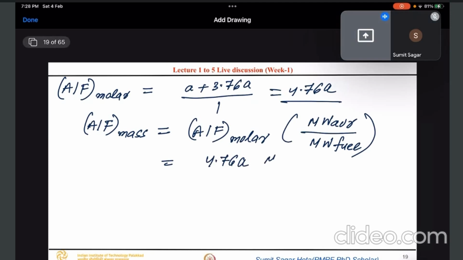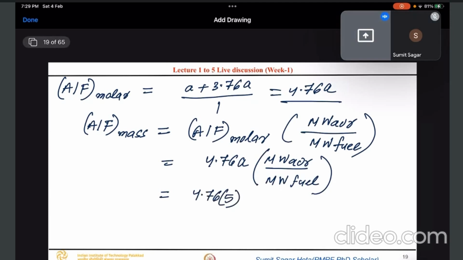I can write it down, and in the next line I will write down the values. What are the values? 4.76 into 5, since a we already calculated as 5. 28.85 is the molecular weight of air, which you should know. 44.096 is what you should calculate for our fuel.